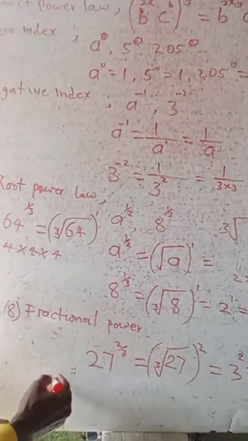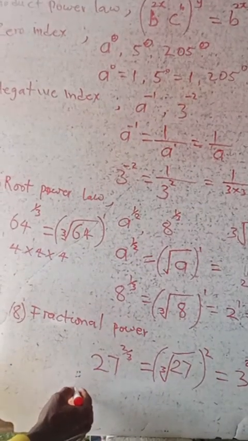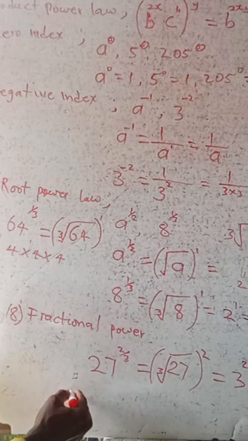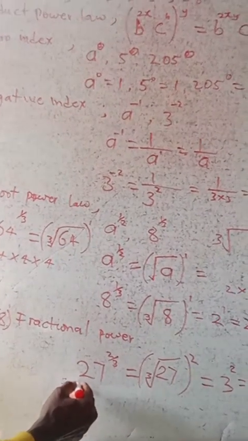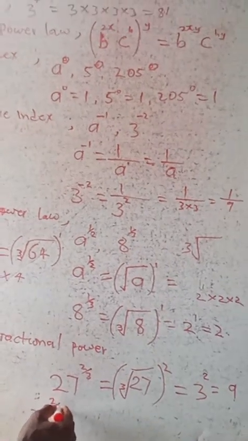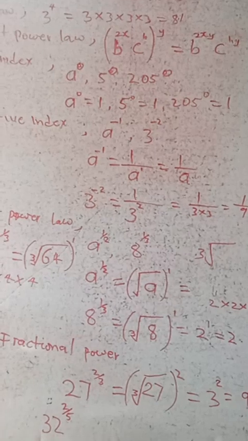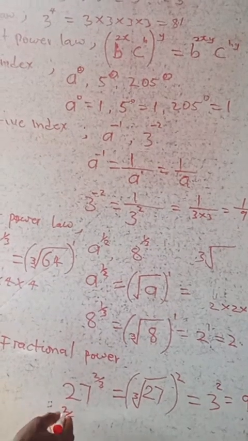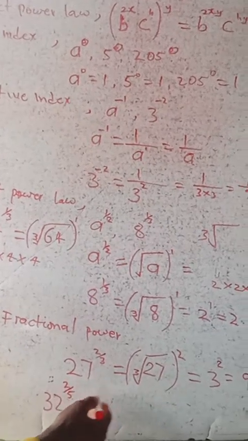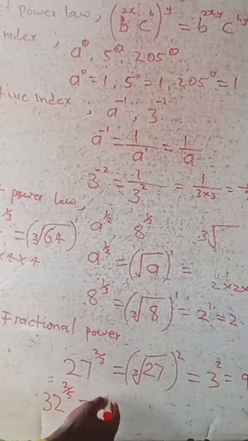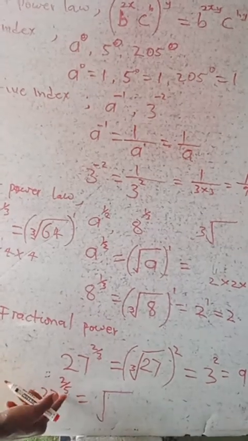Let me give this last example. If I have 32 raised to power 2 over 5, what this is implying is the fifth root, because the denominator is carrying 5.